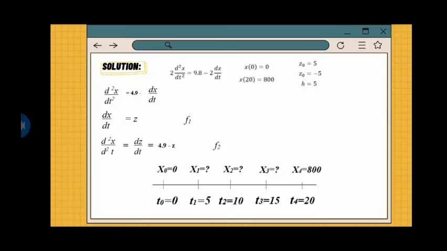Okay, if t is equal to 0, we have x equal to 0. And then the next one, when t is equal to 20, we have x equal to 800. So x sub 4 is equal to 800. We are going to find the values for x sub 1, x sub 2, and x sub 3.